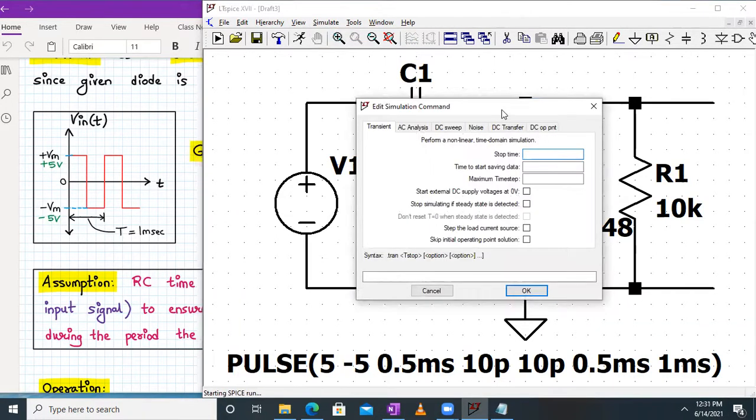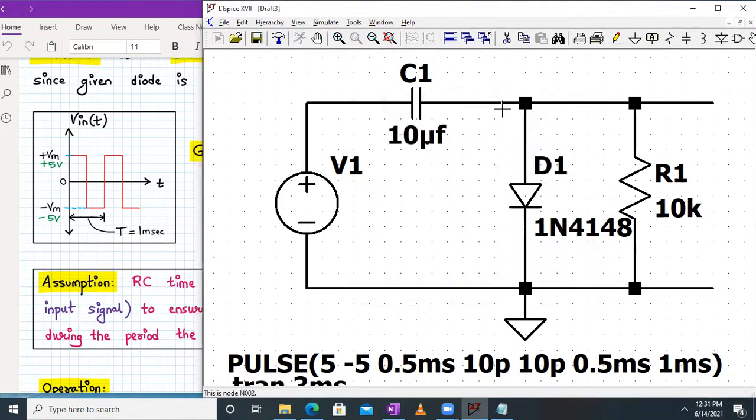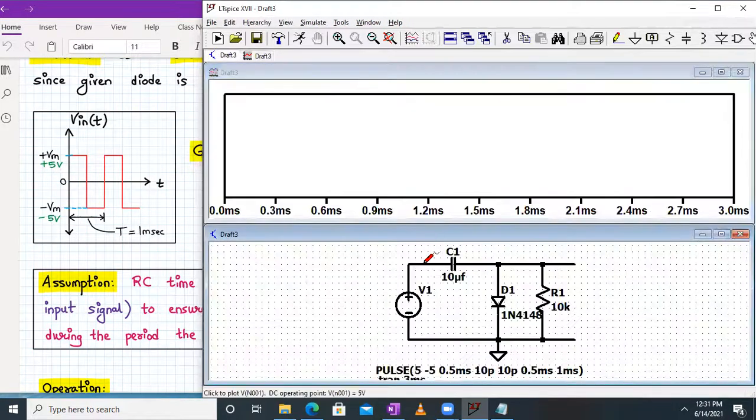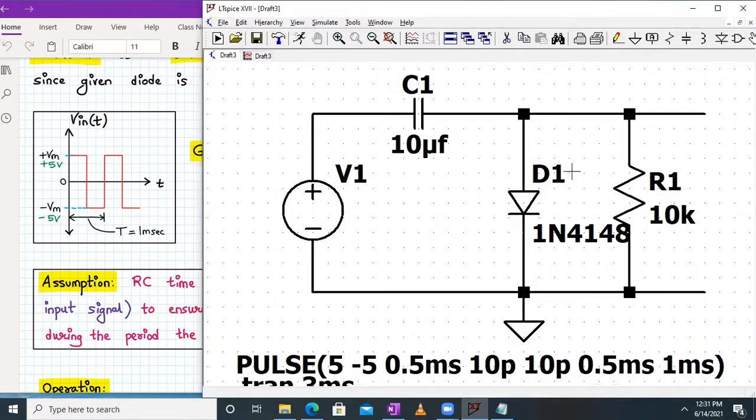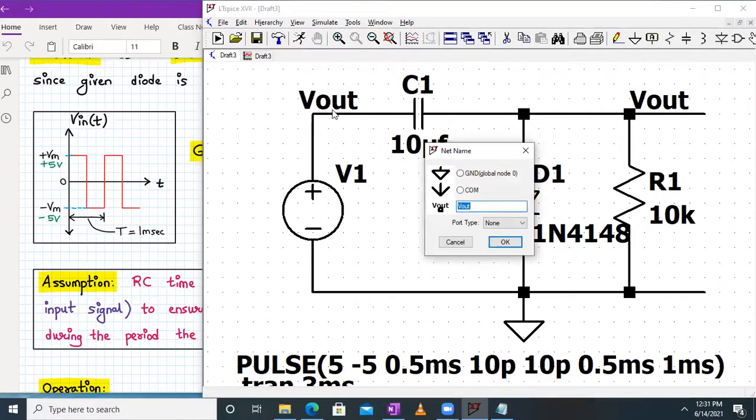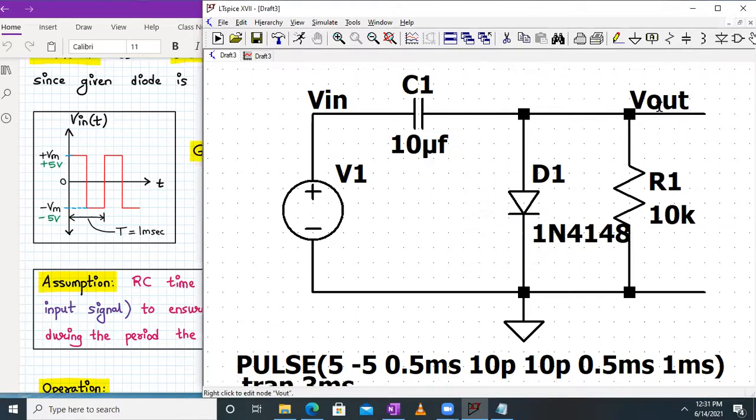It will ask for a time period, so we can give around 3 milliseconds. And we have to also define the input and the output node. So this is my output, V out, and this becomes my input. This is V in. Okay, and now we can plot these waveforms.